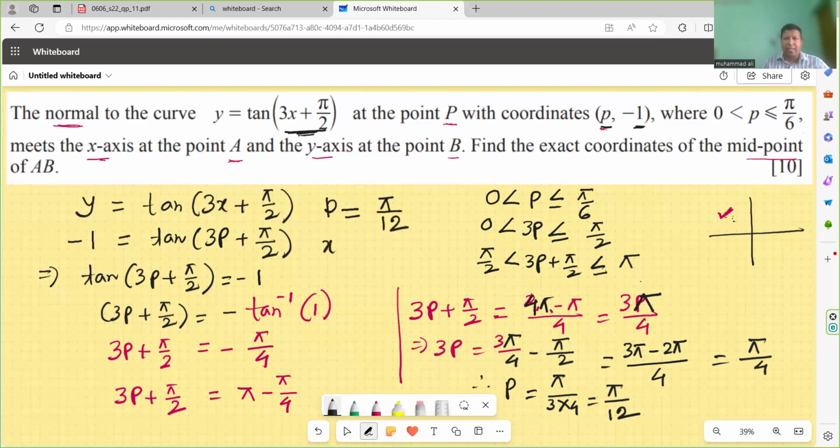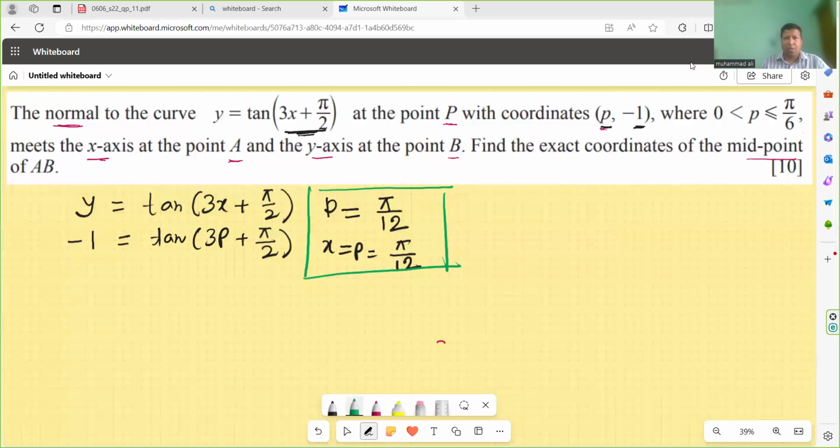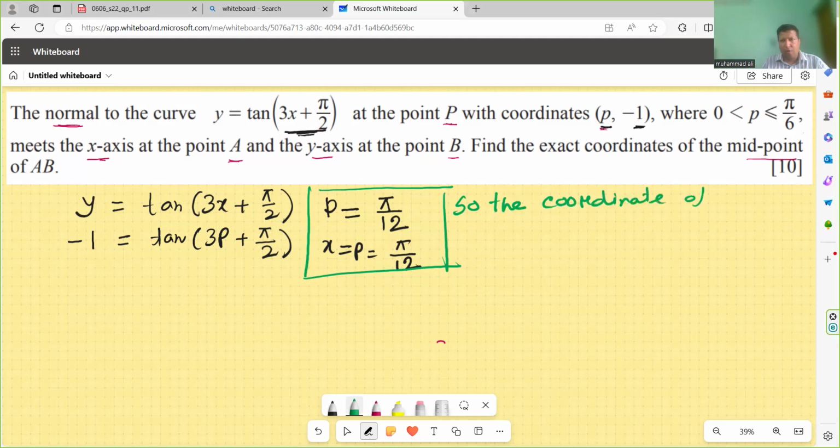That means x equals p equals pi by 12. So the coordinate of P is (pi by 12, minus 1).